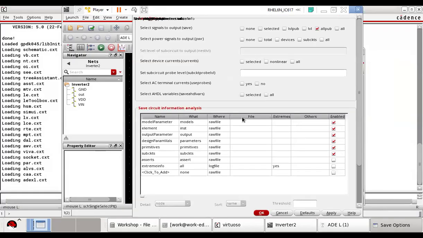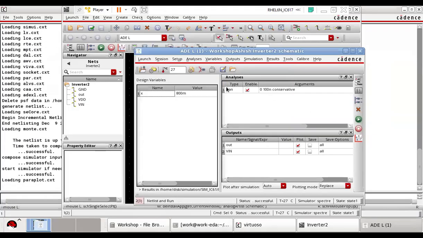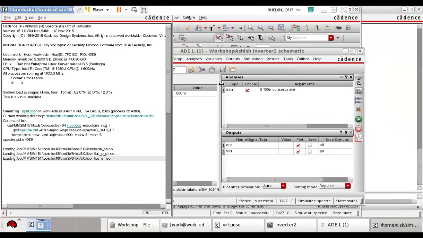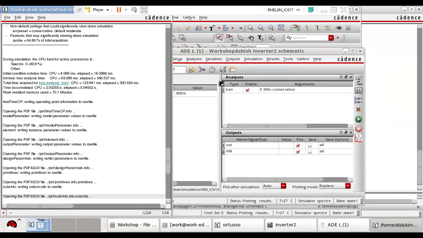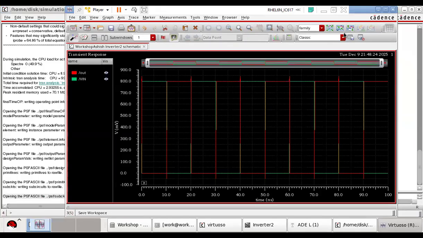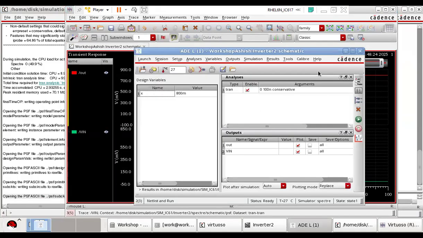So I'll save all, and then I do the simulation. Once I've done the simulation, I'll go for the formula for power.